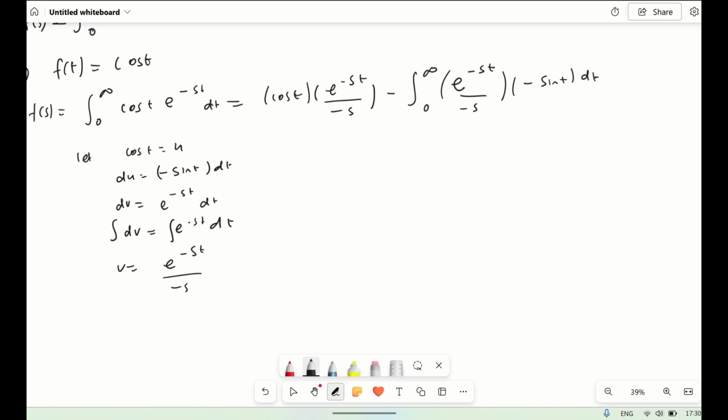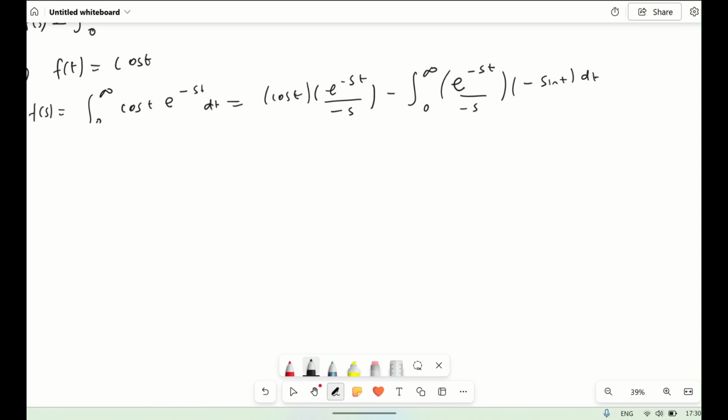I hope it makes sense. But then you still have to simplify. It's not done here. You still have to simplify this.